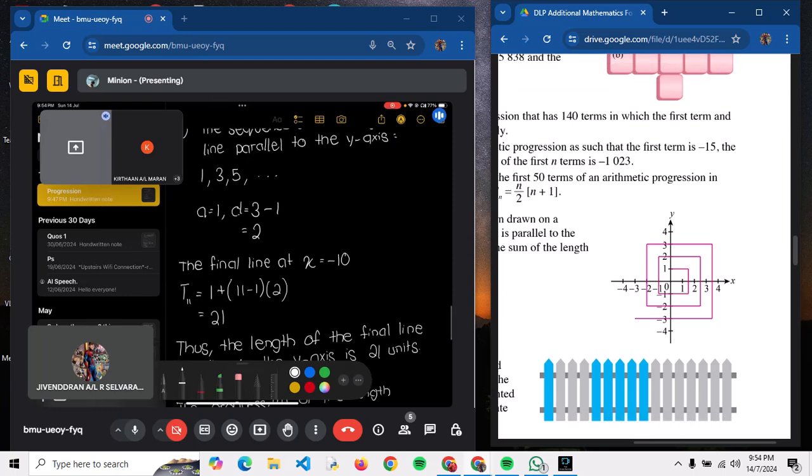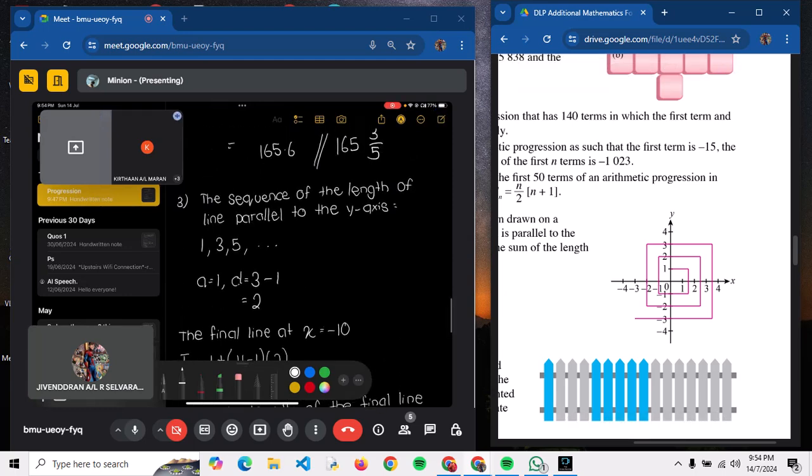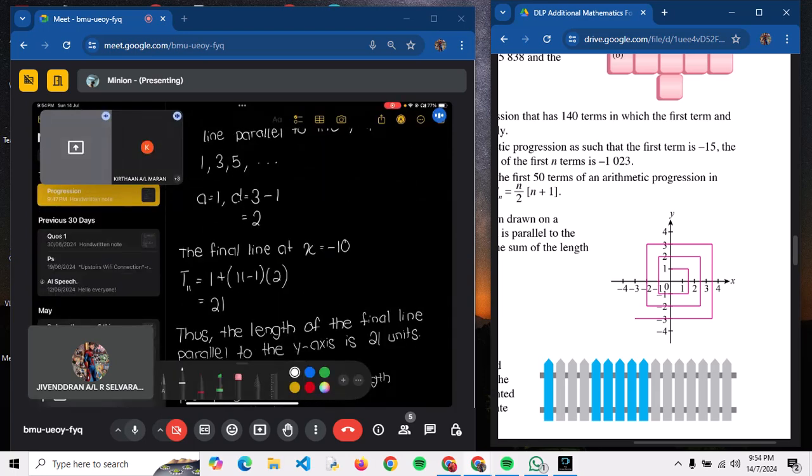Why is it T11? The final line at x equals negative 10, why is it T11?